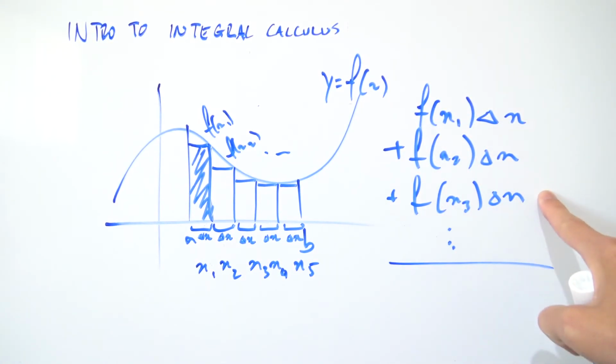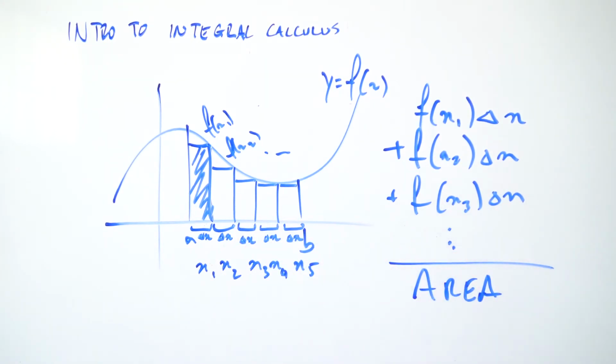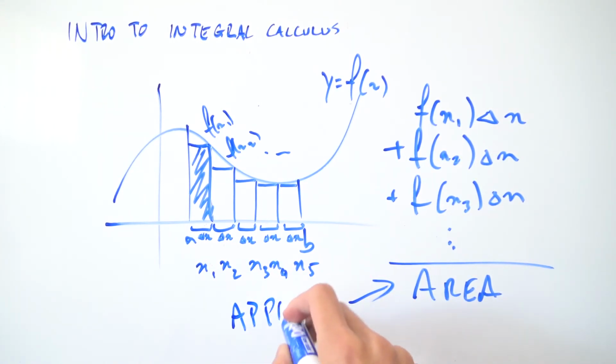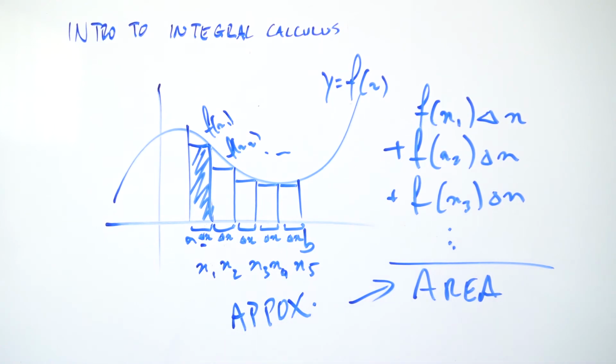When we add all of these rectangles up, it gives us the total area of the curve. But just to be clear, this is just an approximation of the area, but it's an approximation that will get better and better the more rectangles we have and the smaller we make each of these delta x's. So we want our delta x to be as small as possible, and the smaller it is, the more accurate our area will be.